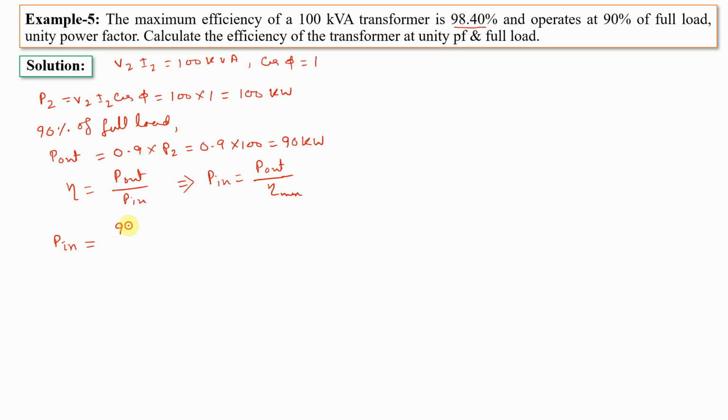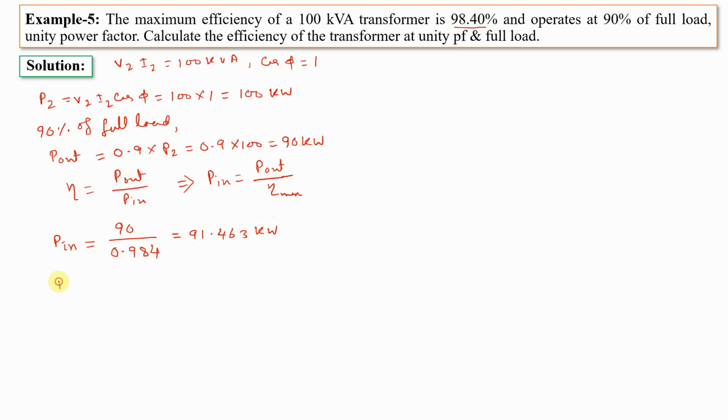The output is 90 kilowatt and the maximum efficiency is 98.4%, in decimal 0.984. After solving, we get the input power as 91.463 kilowatt.